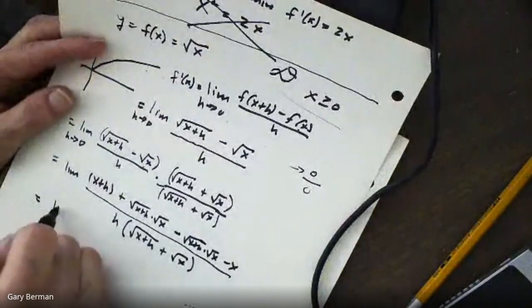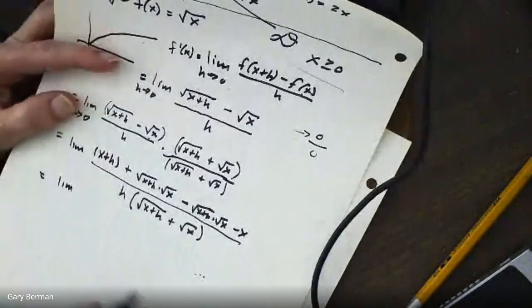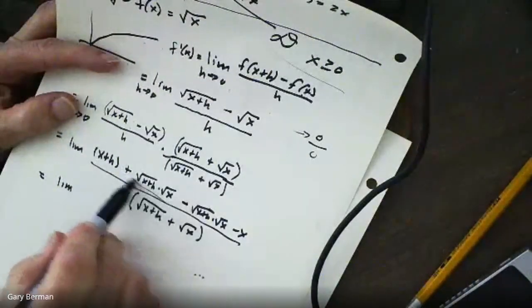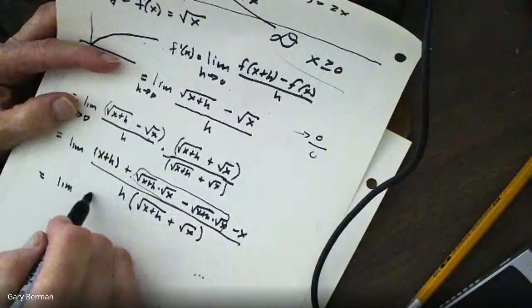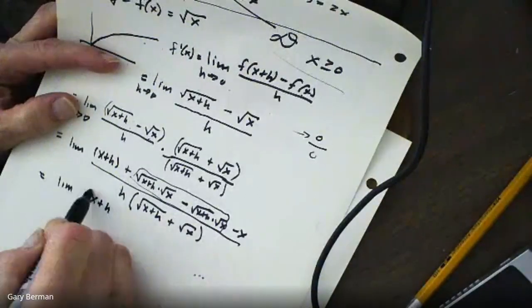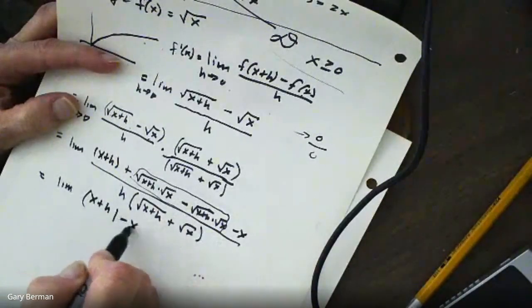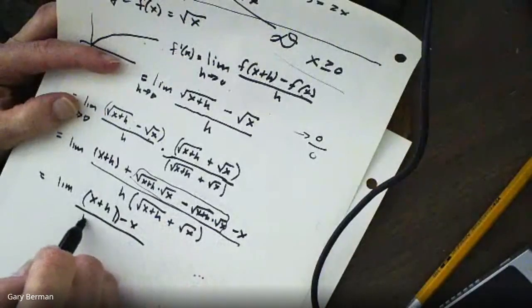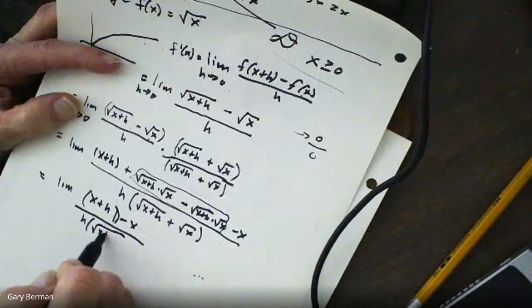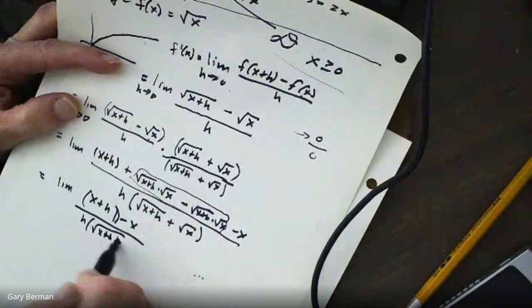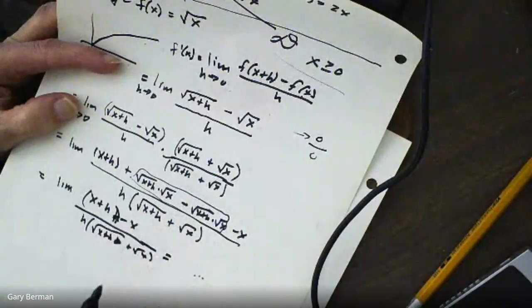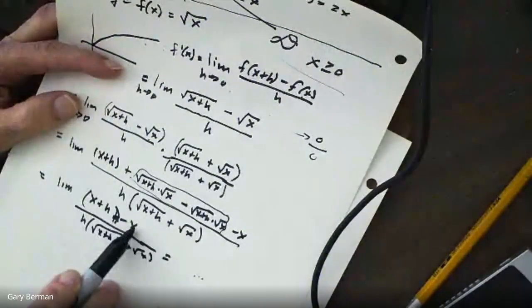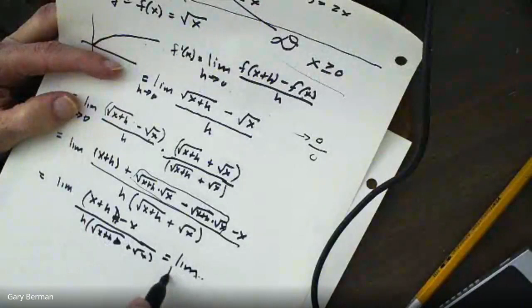Now let's simplify the top. Okay? These two terms cancel. So I'm going to get x plus h, and then there's a minus x in the end, over h times root x plus h plus root x. X minus x, that disappears. So on top, I'm only left with an h.